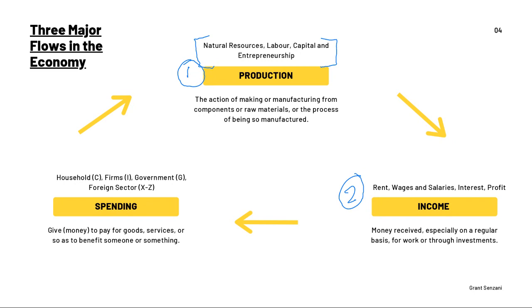Land, rent, Amber, brilliant. Labor, salaries, and wages. We've got two more guys. Nice. Entrepreneurship, profit. In concern with your question, rent remuneration, that would be natural resources.